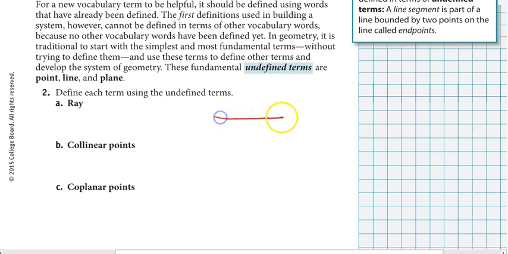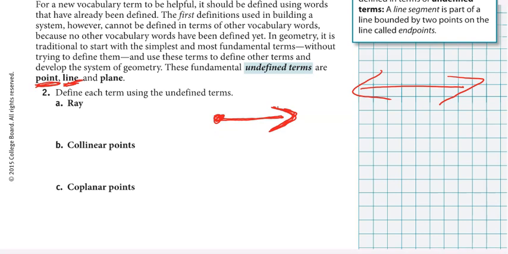A ray looks like this, and we can think of that as having an endpoint, so that's one of our undefined terms, and being part of a line. A line continues forever in each direction, but a ray has one endpoint and continues forever in one direction, so it's part of a line containing an endpoint and continuing forever in one direction.